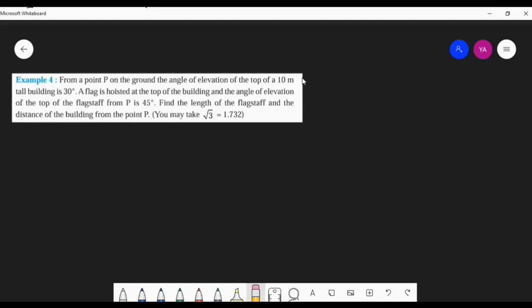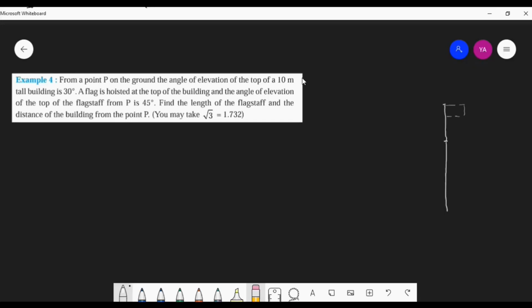Okay, there's a building. I simply take one line, that is enough actually. And on the top of the building, there is a flagstaff. Actually, no need to draw the flag. Then what is given? From a point P on the ground, the angle of elevation of the top of a 10-meter tall building is 30 degrees.